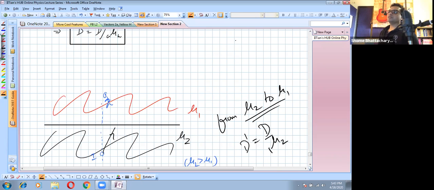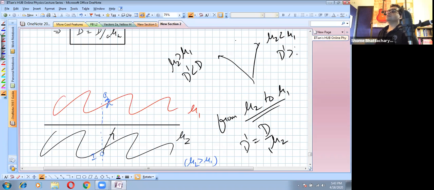If mu2 is greater than mu1, then your apparent depth will be less than real depth. Whereas on the other hand, if mu2 is less than mu1, then your apparent depth will become greater than your real depth. Okay. So this is the thing you have to remember, that this thing automatically comes from this formula and what we substitute for mu2 and mu1. Alright, so this is going to be important as you are going to apply refraction at a plane surface in various problems. Okay.